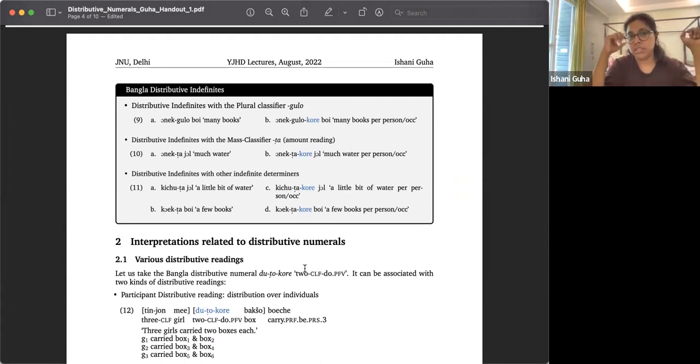So I have examples here, 9, 10, and 11, which show the distributive morphology on many, on much, on a little bit, and on a few. So you could check while studying your language whether the morphology that is used for numerals is also used for many, much, few, etc. as well, other cardinality expressions.